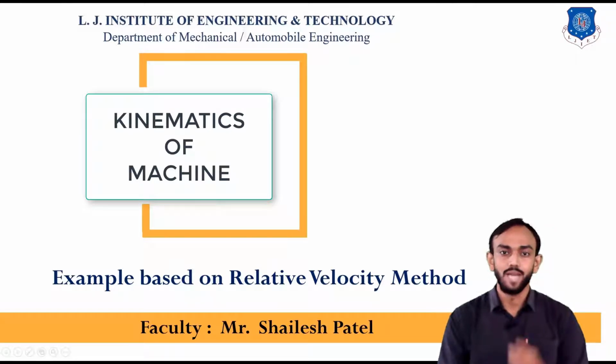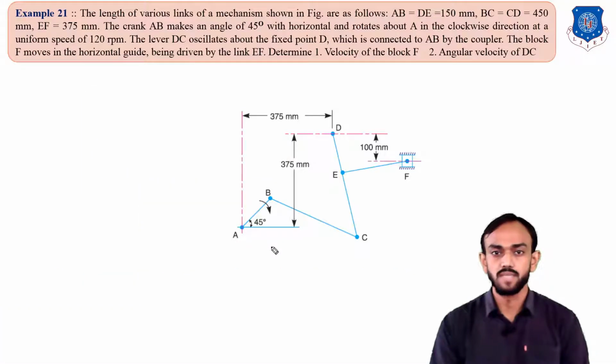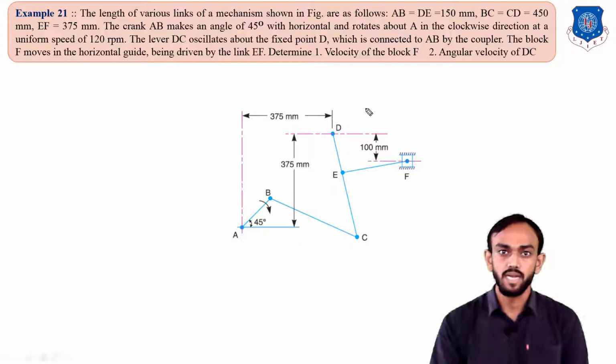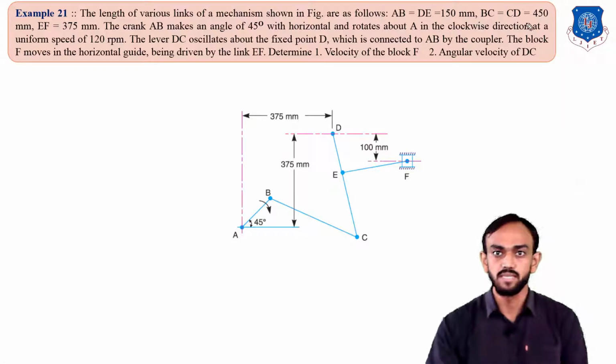Okay, so let's start. This is our example number 21 from question bank. The length of various links of mechanism, as you can see on the screen, is given: AB and DE 150 mm, BC and CD 450 mm, EF 375 mm.